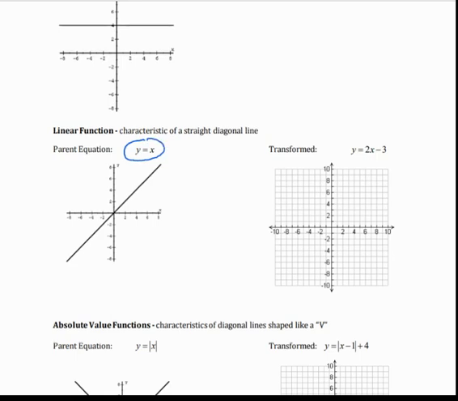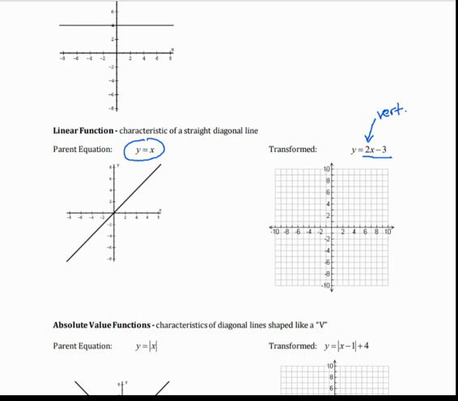And what that graph looks like is we're at the origin for my y-intercept and our slope is 1. If I look at a transformed function, notice we have more going on. This time we have a 2 out front and we're subtracting 3. Well, if we recall from our chart above, when I multiply out front, that creates a vertical stretch or shrink.